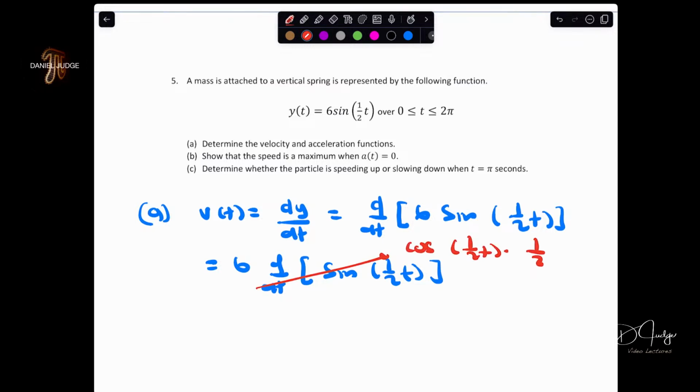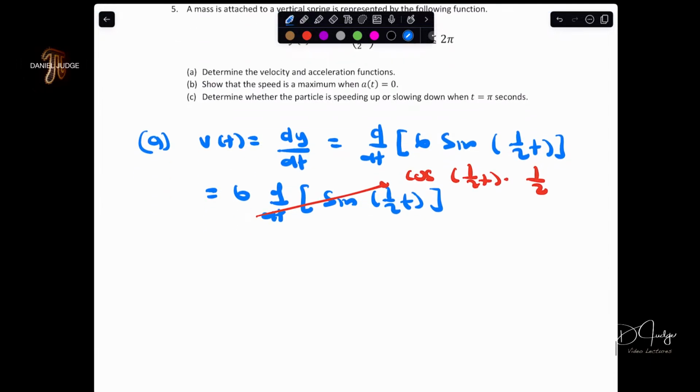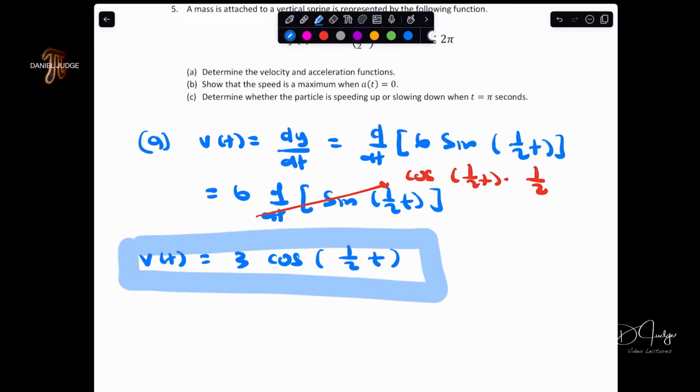Don't forget the chain times 1/2. So we get 6/2, which is 3 cosine 1/2 t. There's your velocity.